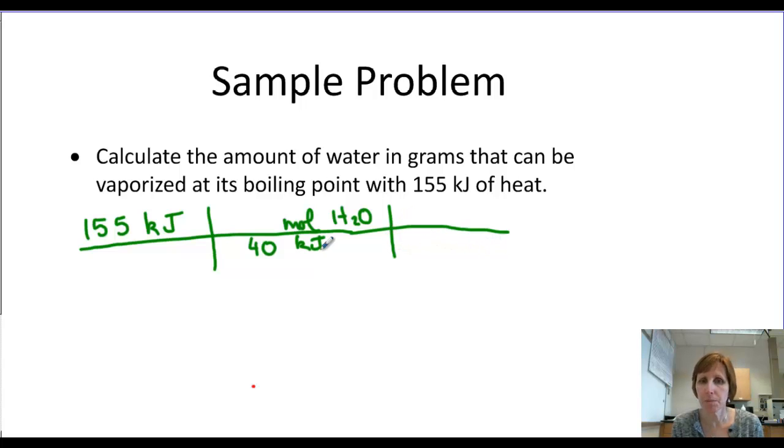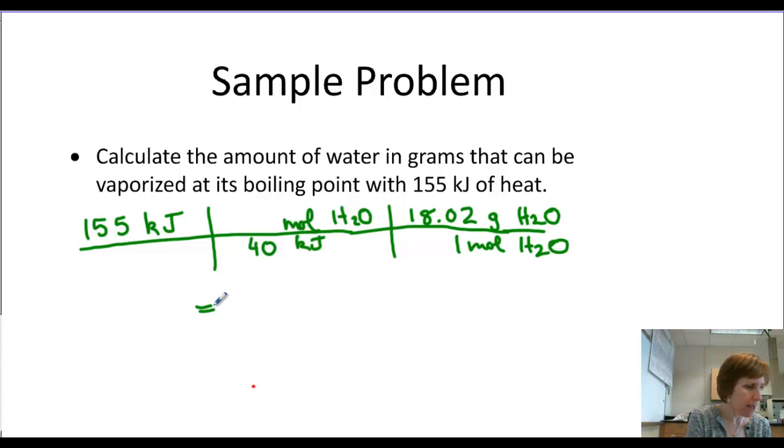And this would be a positive value because it is going from the liquid state to the gas state. And then we want to know how many grams it is, so you have to remember that there are 18.02 grams of water in 1 mole of water.